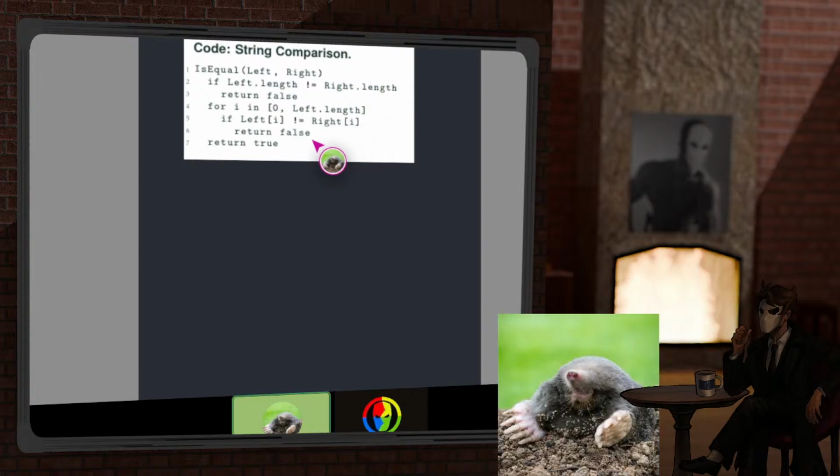What we could do instead is start talking about average case analysis.